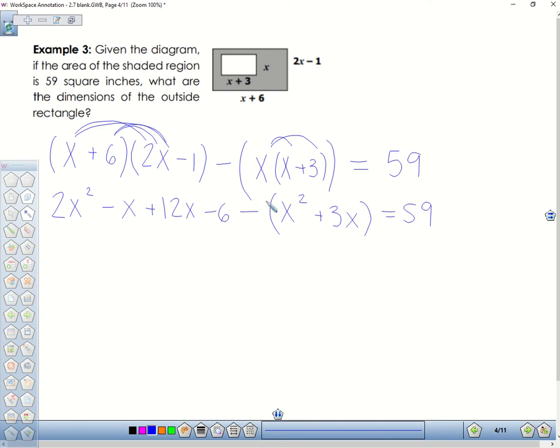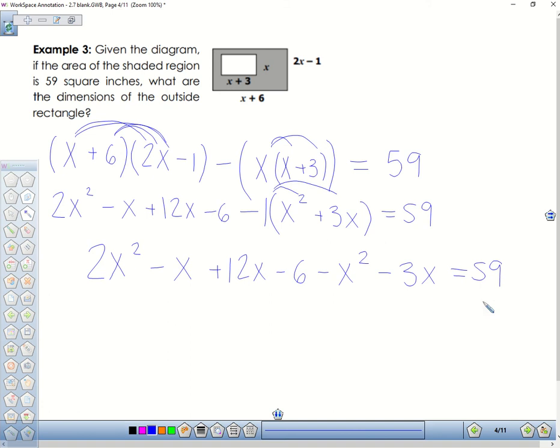Now whenever you're subtracting a polynomial of any type, you need to distribute that -1 to all the terms. So this becomes 2x squared minus x plus 12x minus 6 minus x squared minus 3x is equal to 59.